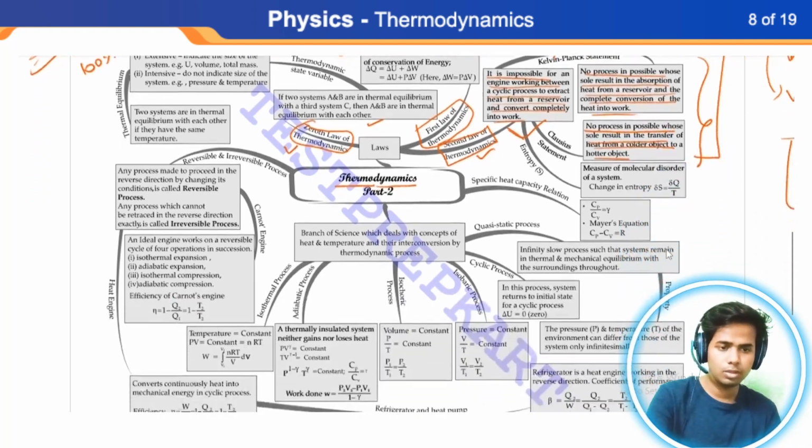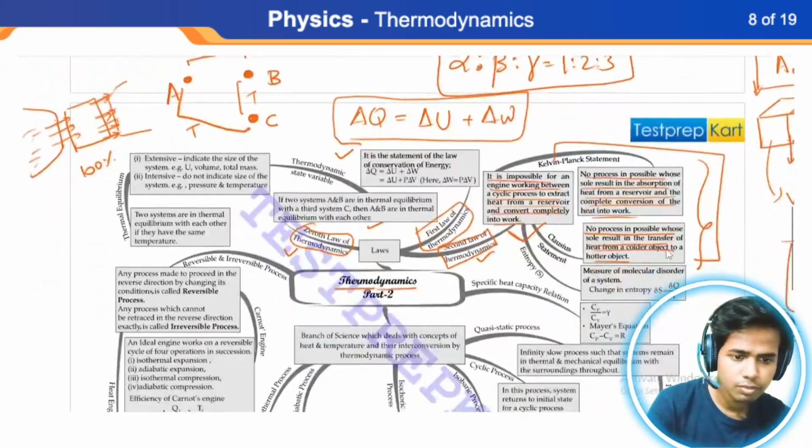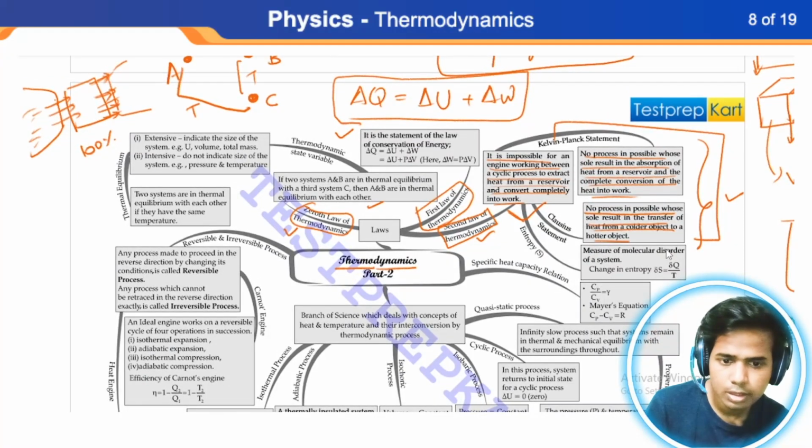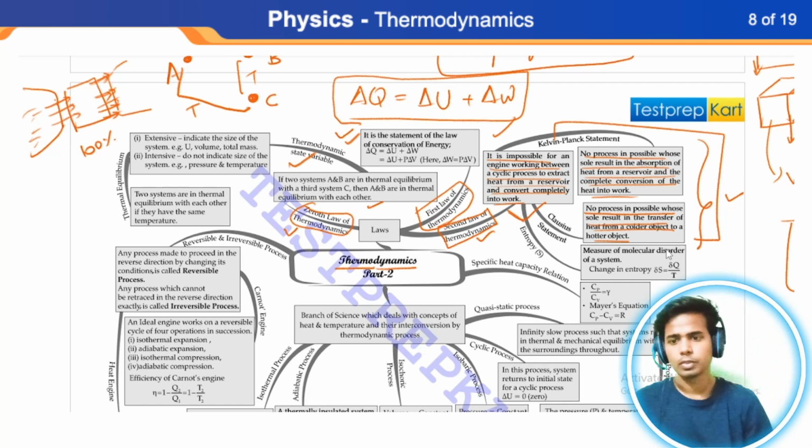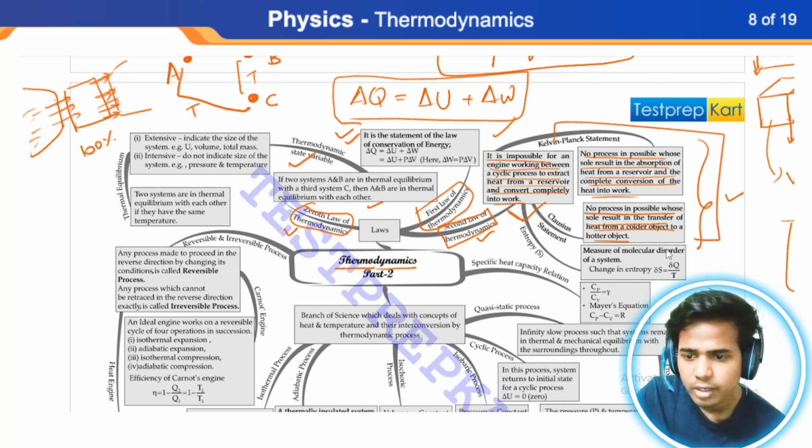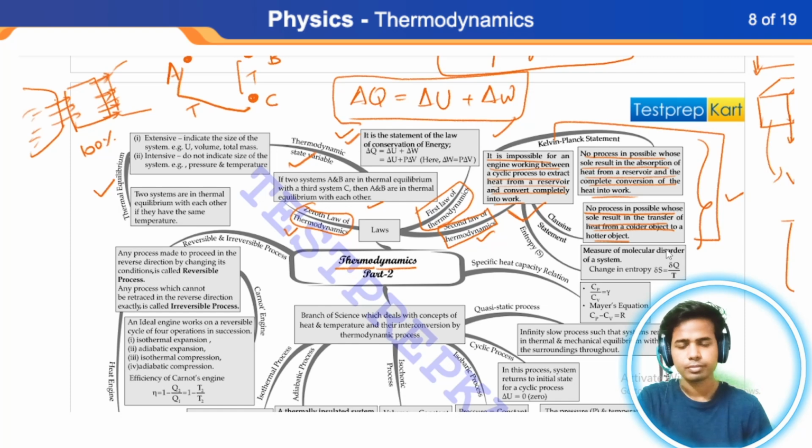Now, what we have covered till here is this much, this, and this. Okay, and this is the same thing I talked about, thermal equilibrium. It means when two bodies are at thermal equilibrium, they basically have the same heat per unit mass, or when you bring those two objects to each other there will be no heat transfer between them.